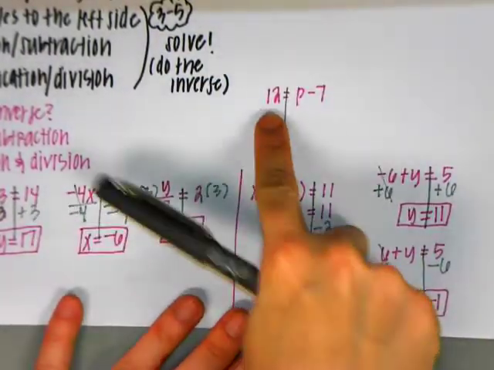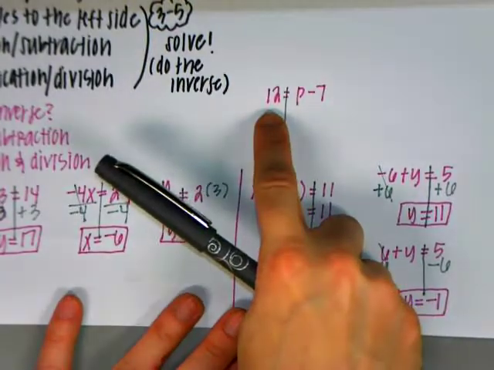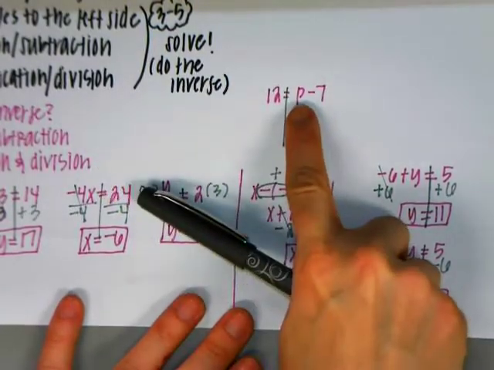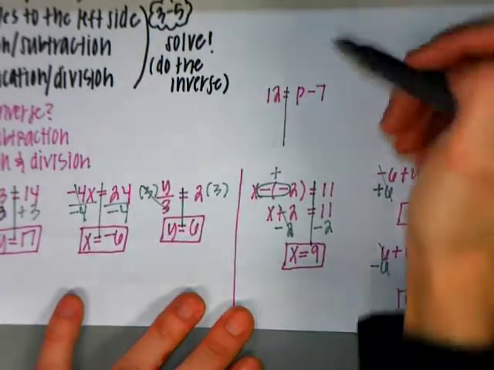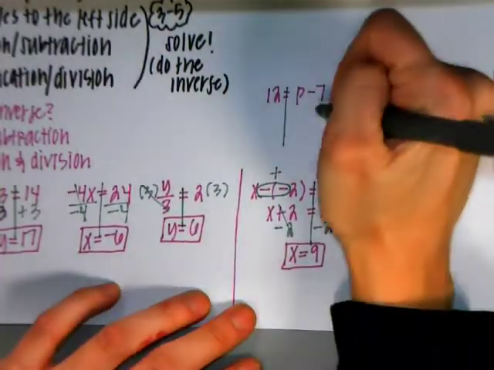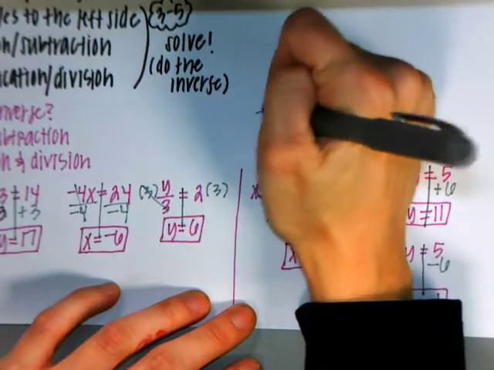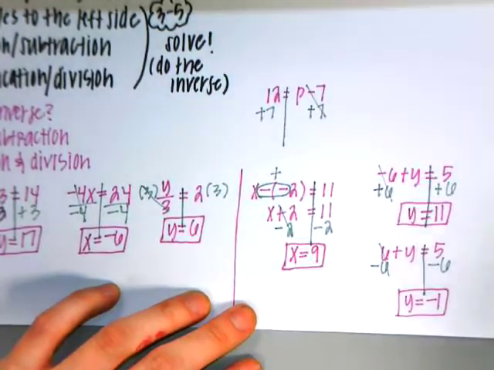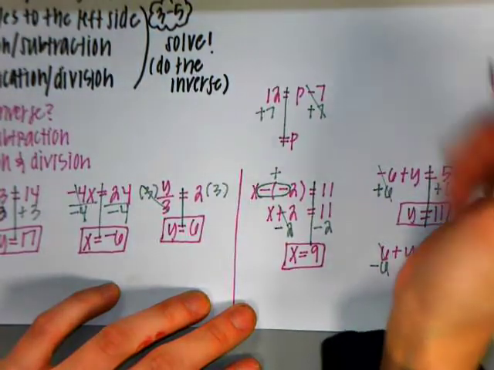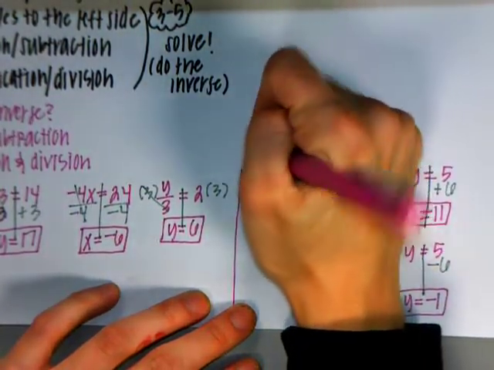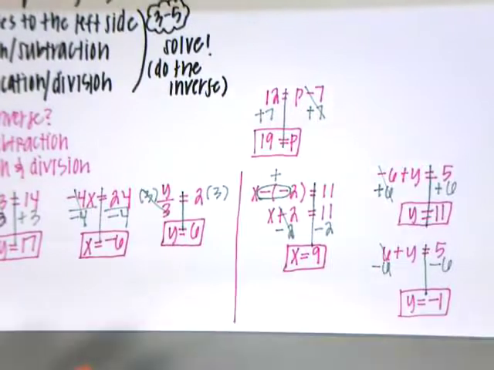So we're not wanting to subtract the 12, right, even though it's on the left side, because our goal is to get the p by itself. So whatever's on the same side as the p is what you want to work with. So how am I going to move that over? Yep, plus 7. So then what's 12 plus 7? 19, yep. Does that make sense? Okay.